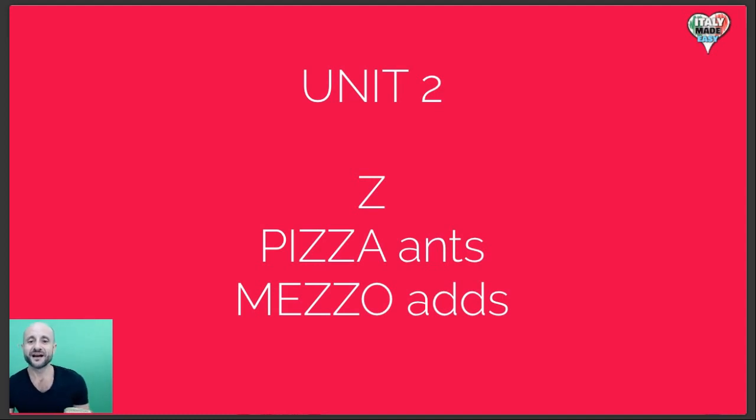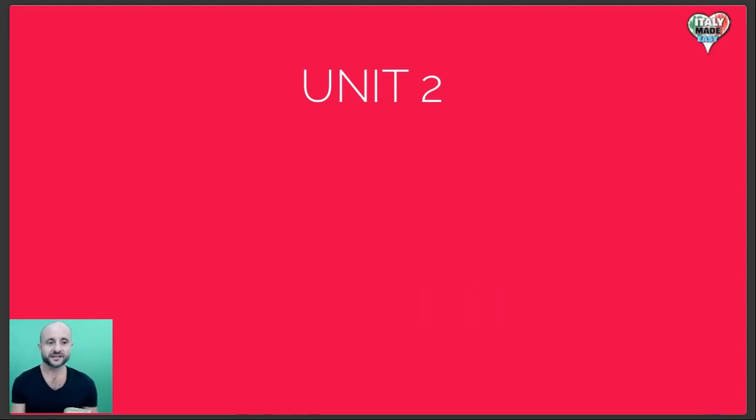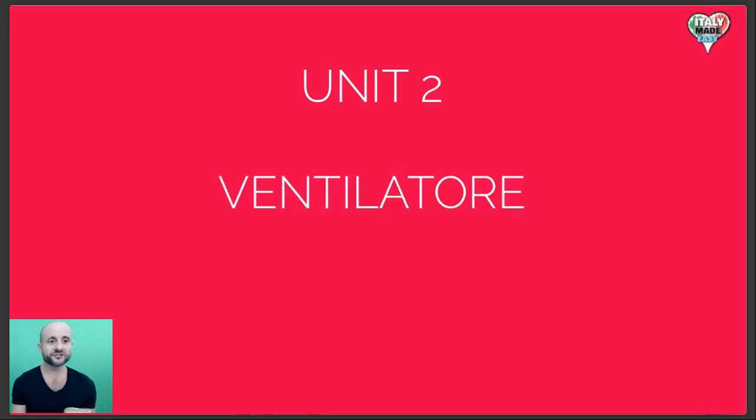Alan, is the only way to know the gender of words that end with e, like cane, canale, to look them up in a dictionary? Well, yes and no. Looking them up in a dictionary is the easiest, but if you're speaking to an Italian, you don't have time, because you're speaking. So you have to pay attention to the other things that they're saying. In Unit 4, there's going to be something about this. I'll use the word ventilatore, which means fan, as in when it's hot.